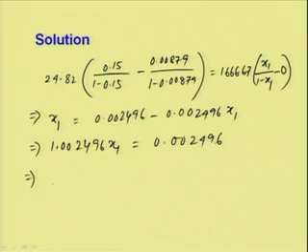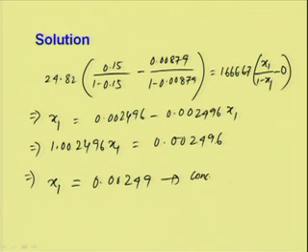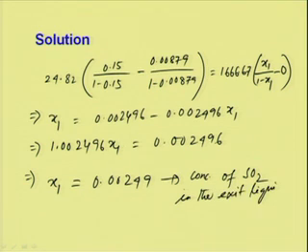So, x1 after solving it will be 0.0249. So, this is the concentration of SO2 in the exit liquid stream.